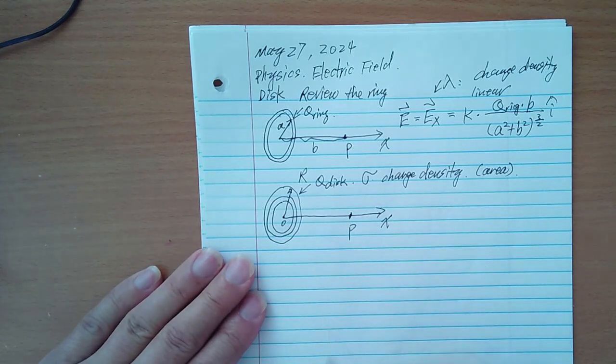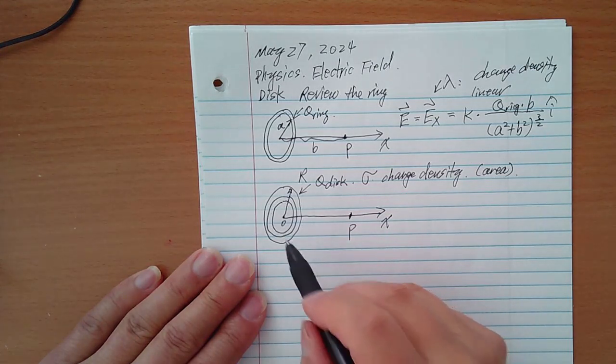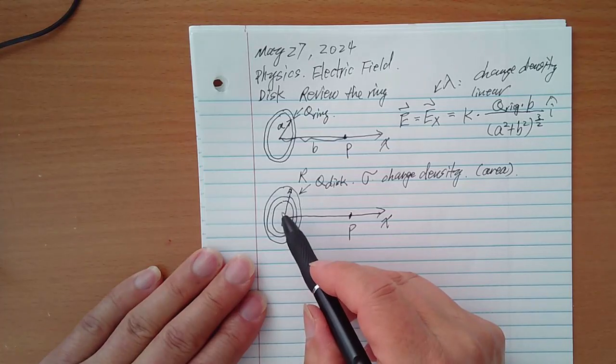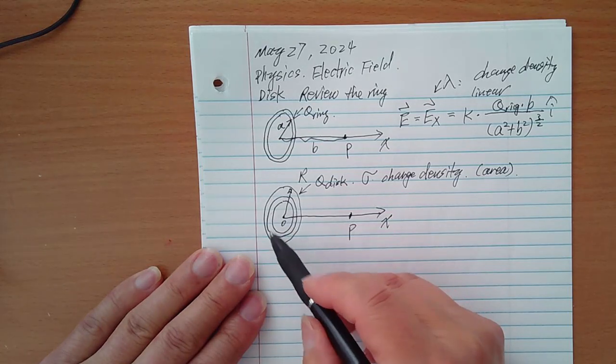Okay, here there's one concept I saw a lot of people get confused with: how do we integrate like that? We have to find a technique such that we cover each part of the disk.